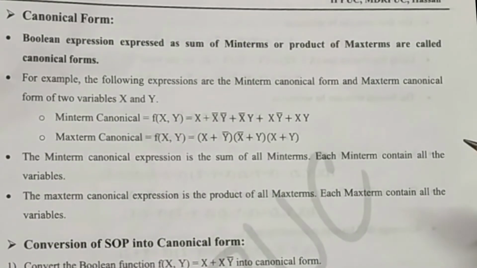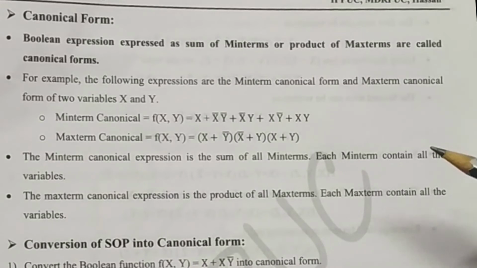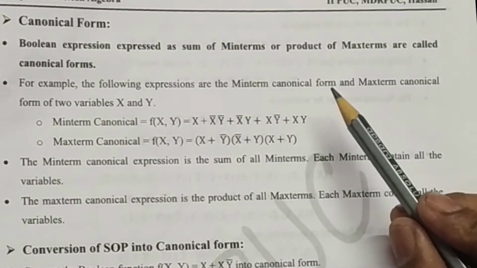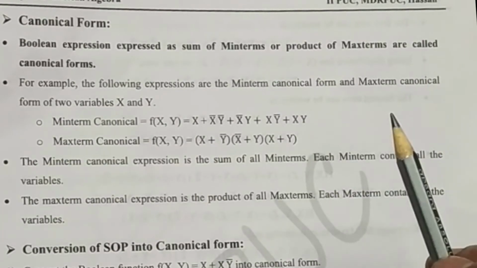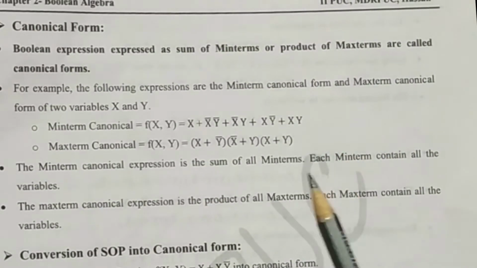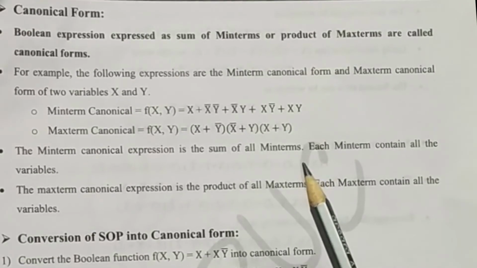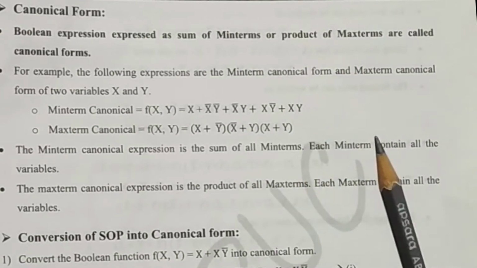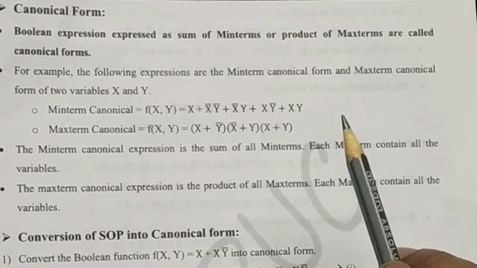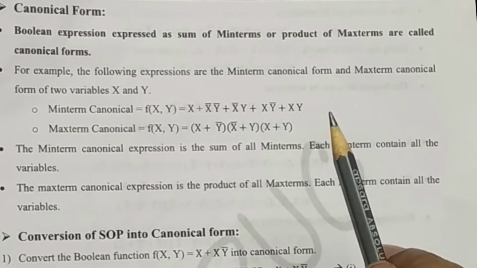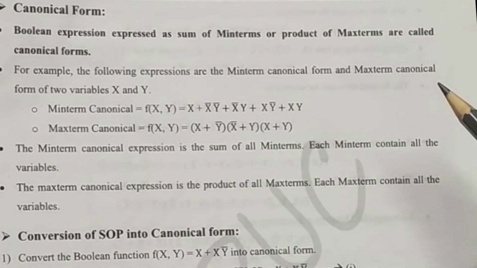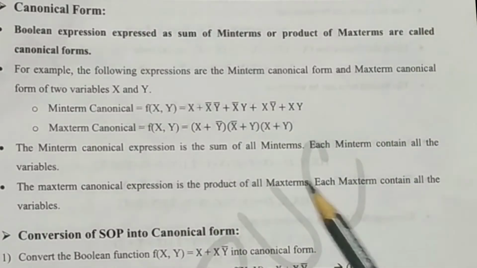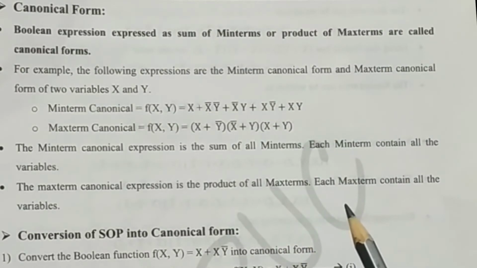Next is canonical form. In a Boolean expression, a sum of min terms or a product of max terms is called a canonical form.